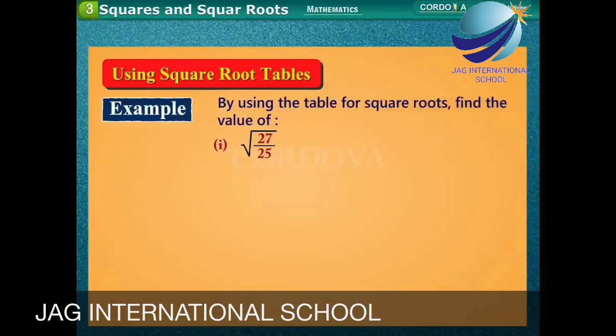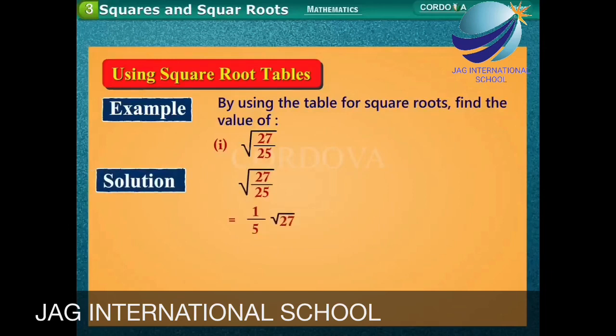Example 1. By using the table for square roots, find the value of square root of 27.25. Solution. Square root of 27.25 is equal to 1 upon 5 square root of 27. Look at the table. The entry in the column of square root of 27 is 5.196.